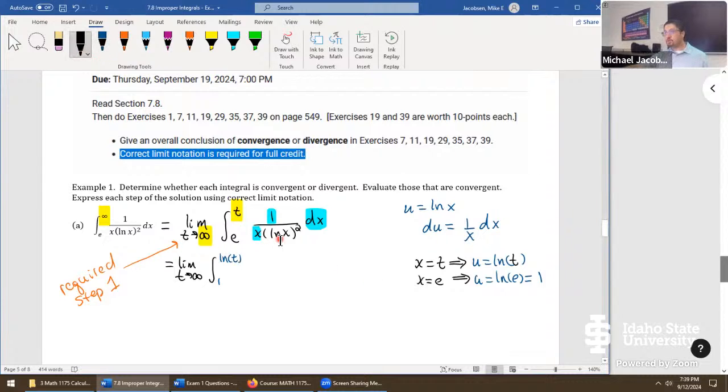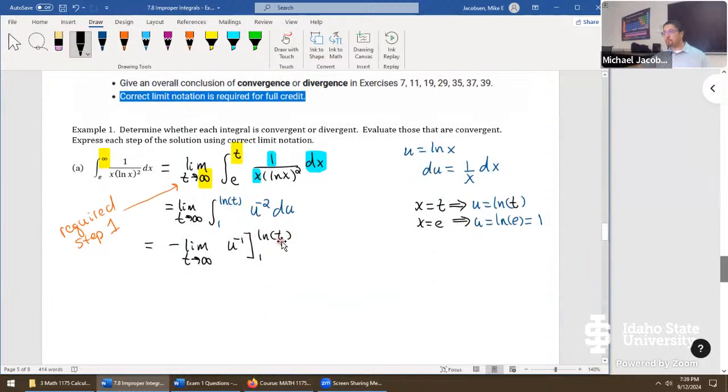Here we're going to get a 1 over u squared, or if you prefer, you could write this as u power negative 2, multiplying du. So that's not a bad integral to get through. As t goes to infinity, u power negative 2 and the antiderivative is u power negative 1. So we need an extra negative sign to account for that. We'll integrate that from 1 to natural log t.